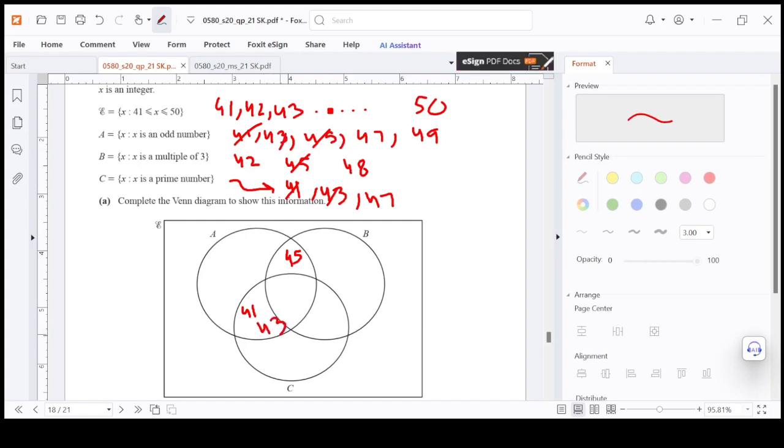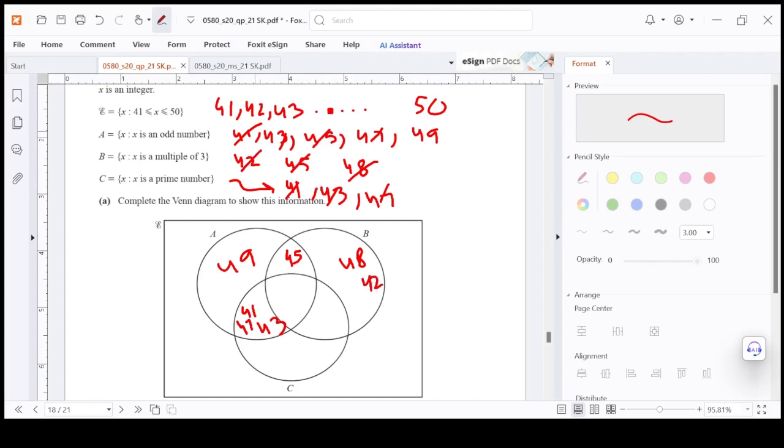Anything else that's common? Yeah, there's 47 common in A and C. So 47 here as well. Next, this 48 is not common, so we write it here. Cut it out. The 49 is not common with anything, we write it in A. And then there was a 42 left in B, so there's also a 42 here.